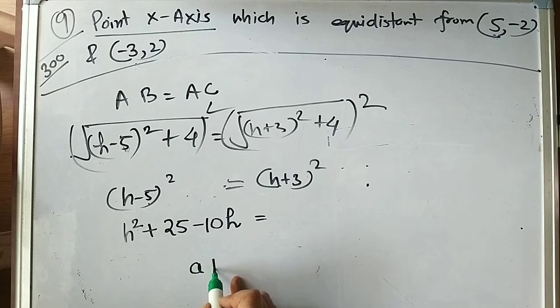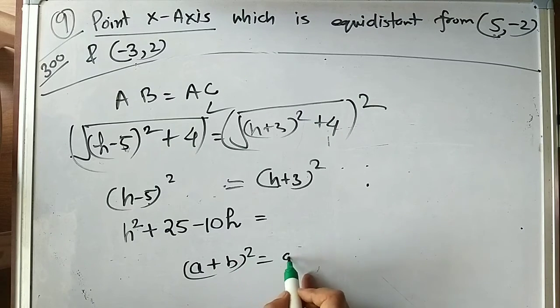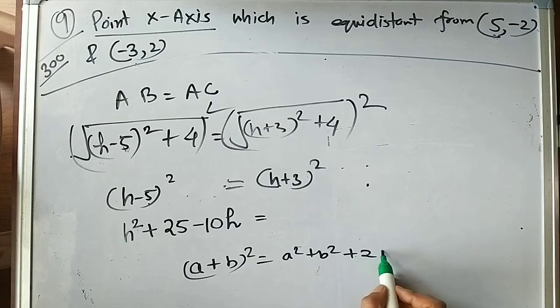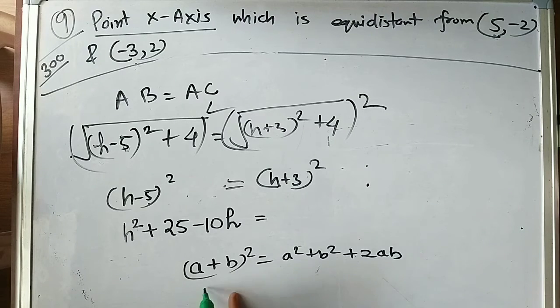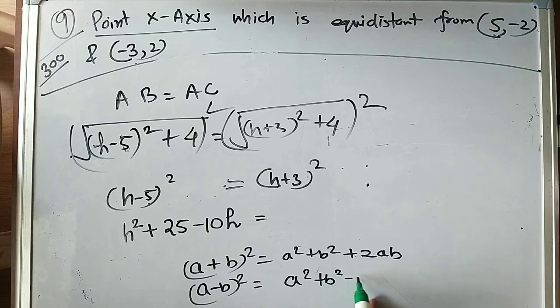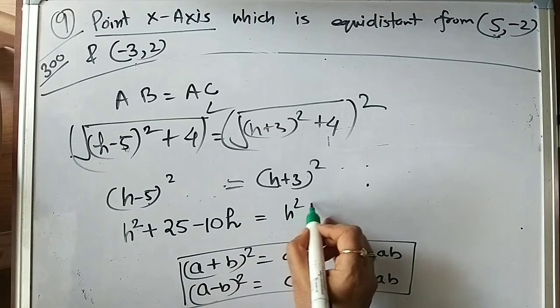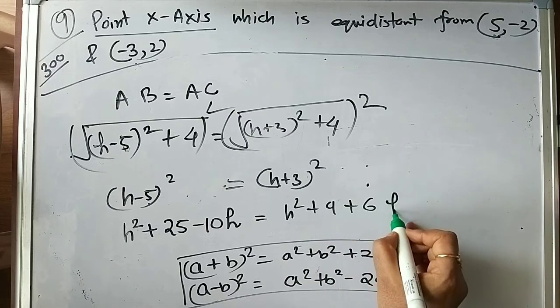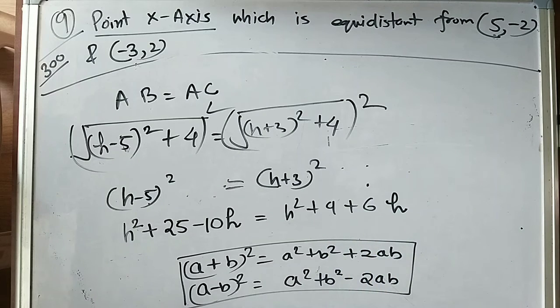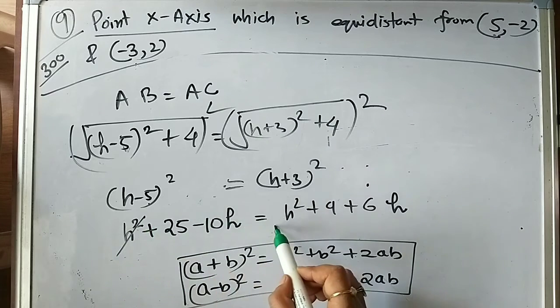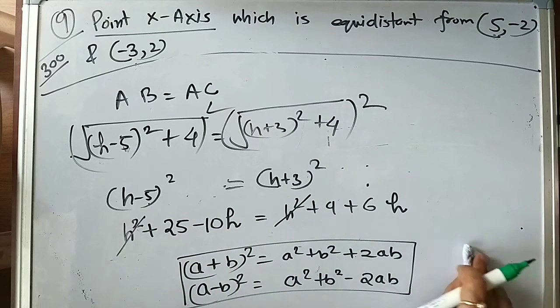I am using the formula a plus b square is a square plus b square plus 2ab, and a minus b square is a square plus b square minus 2ab. Please keep on writing formulas in your formula notebook. Here you see guys, h square and h square are cancelling.